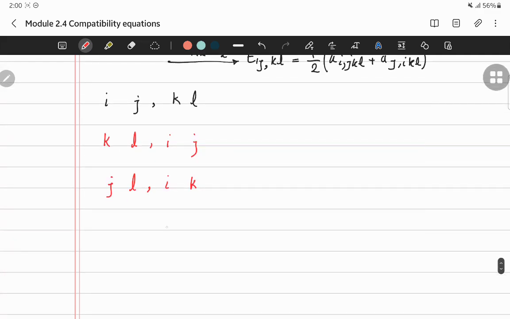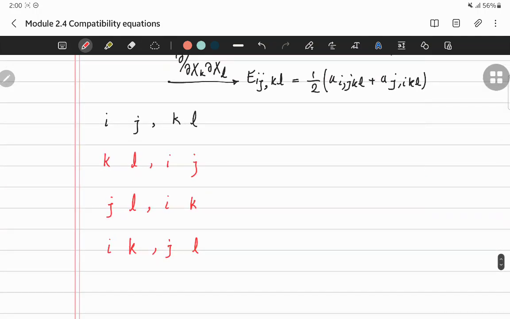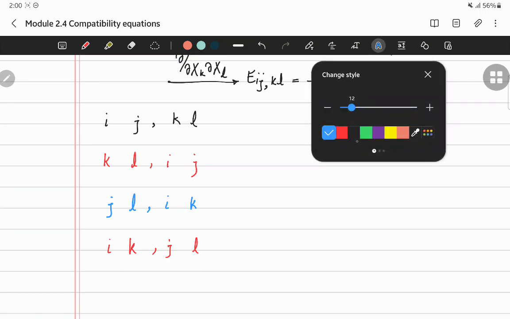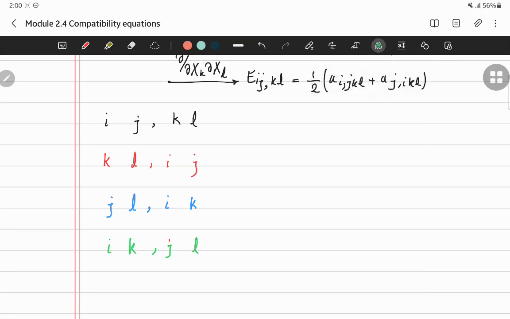I and L are not counterparts, so I have to use J and L. However, the order of differentiation is not important. All right. So let me change the color of this as well as this one.